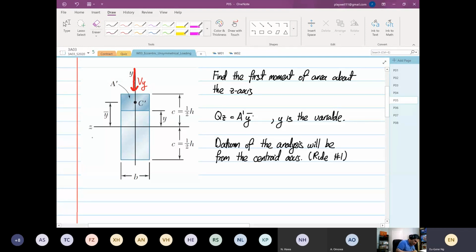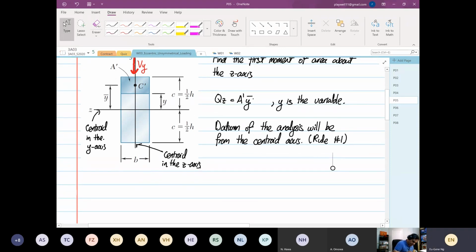So we know down here that this is a centroid in the y-axis, and this is a centroid in the z-axis.